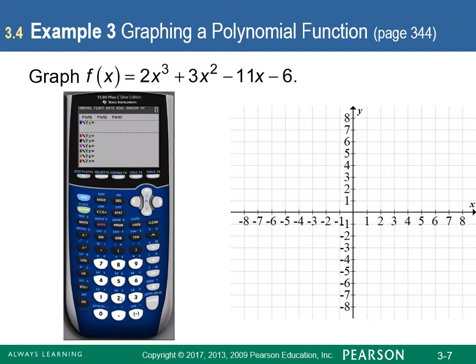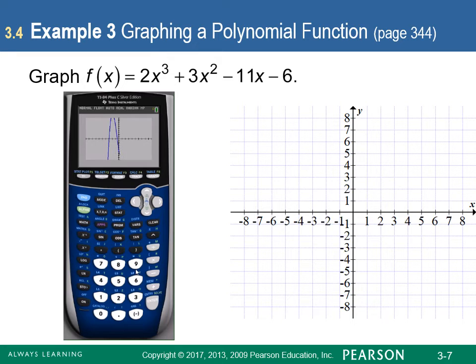Then type our new one, 2x cubed plus 3x squared minus 11x minus 6. We will do zoom 6 to start with a standard graphing window.